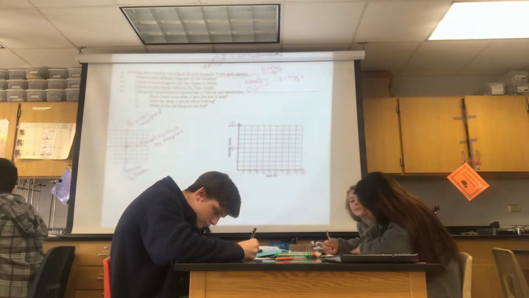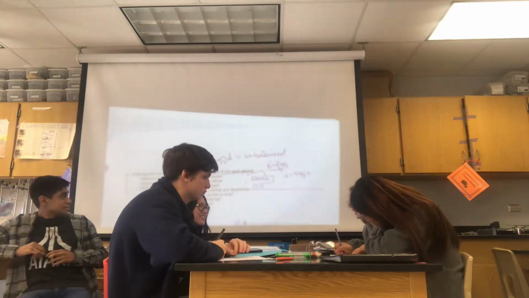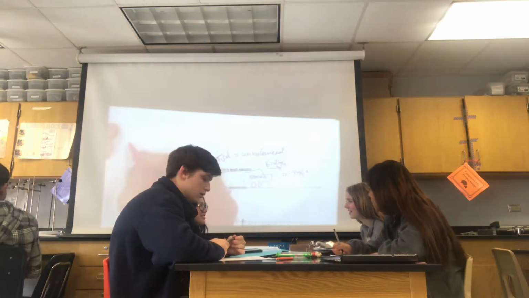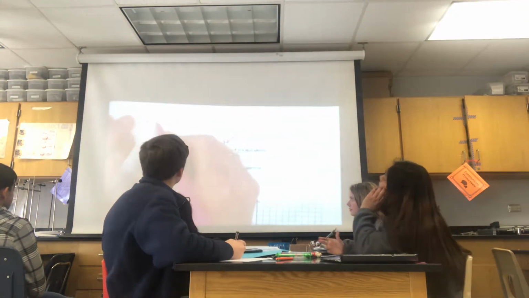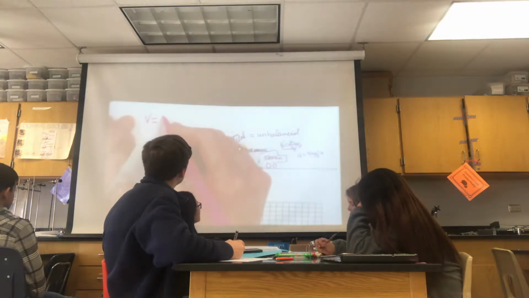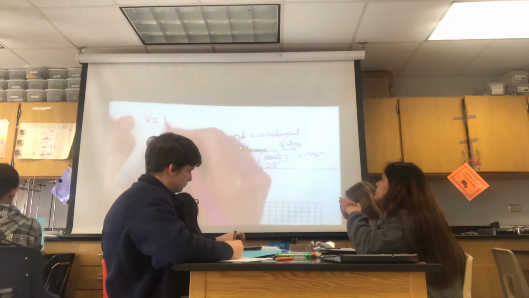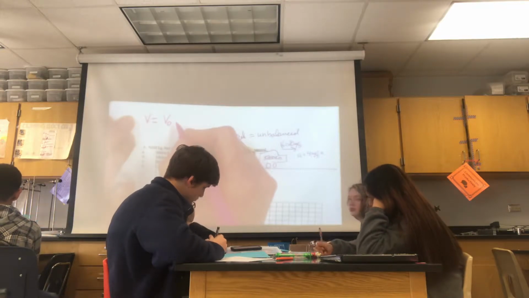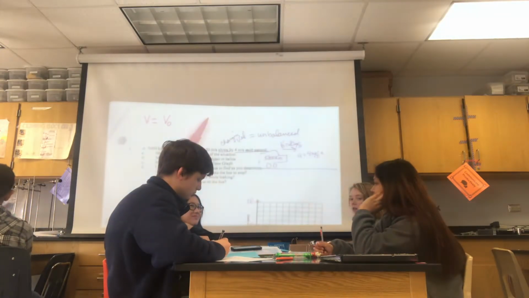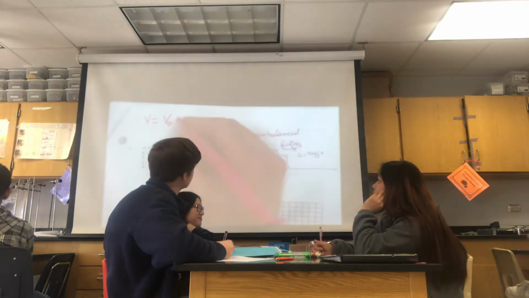All right, I want to go up here and remind ourselves, what equations did we get yesterday? Let's use them like they are in your equation sheet. So V equals V naught plus AT.